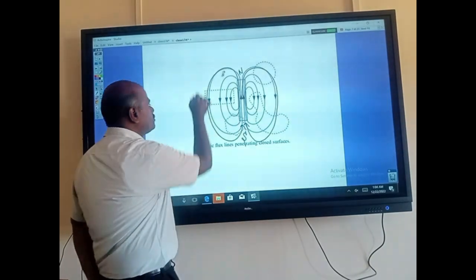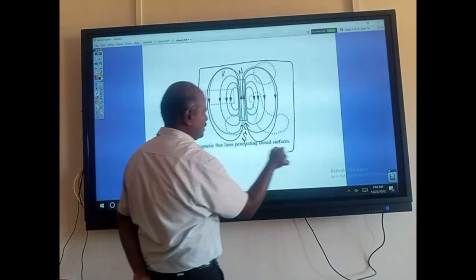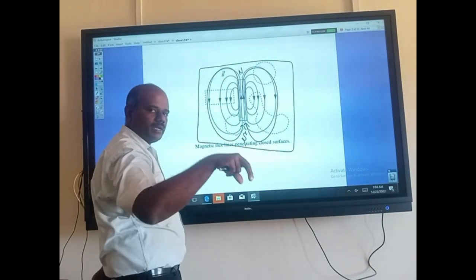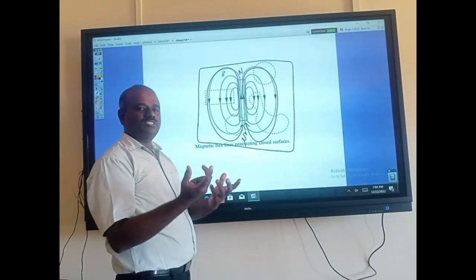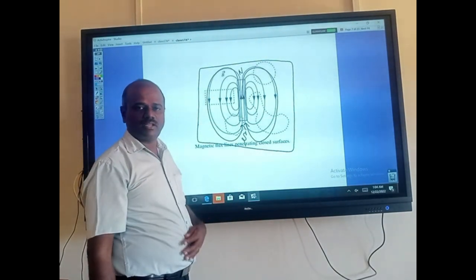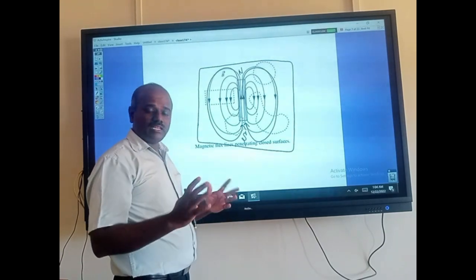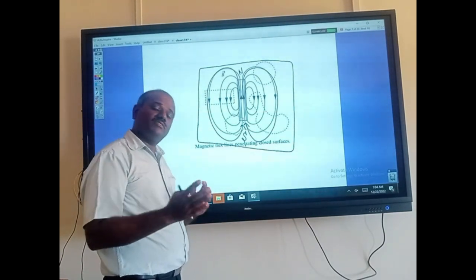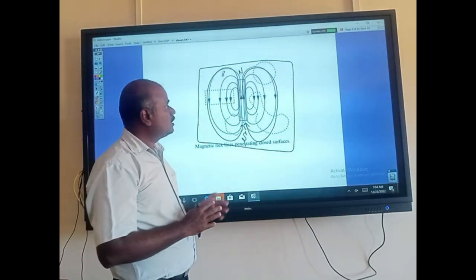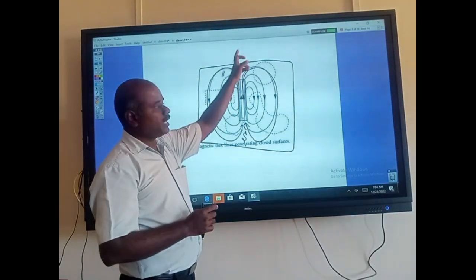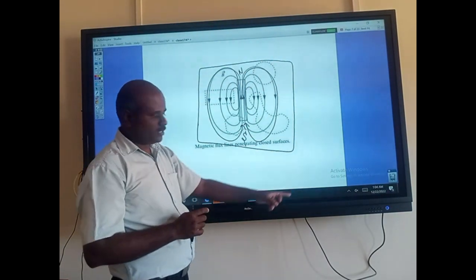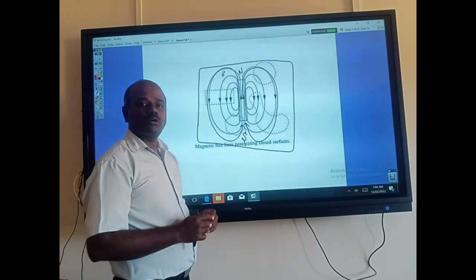If I take a closed path, a big box, and keep the magnet inside, and check how many flux lines are coming out of the box, no flux lines are coming out. That means they are not leaving the source. The flux lines start at the north pole, take a curved or rotational path, and end in the south pole.